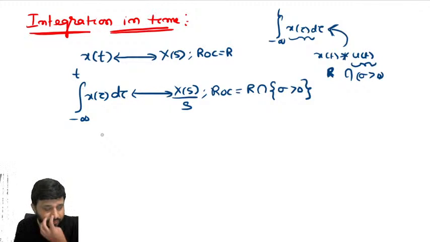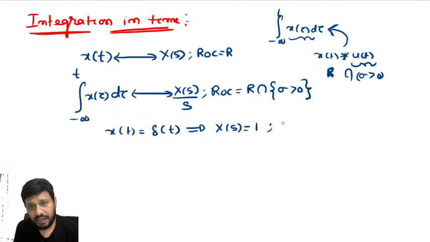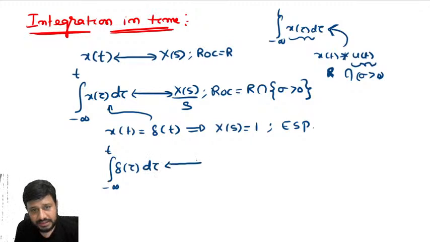Here is one application of this property. What happens if I substitute x of t equal to del of t? What is the Laplace transform of del of t? 1. What is the ROC? Entire S-plane. Now substitute into the property: integral minus infinity to t del of tau d tau forms a Laplace transform pair with x of s by s, that is 1 by s, with ROC equal to R, the entire S-plane, intersection sigma greater than 0.